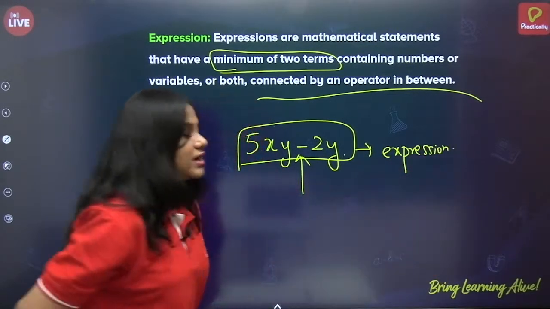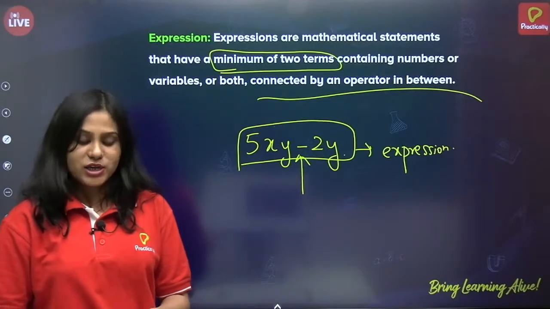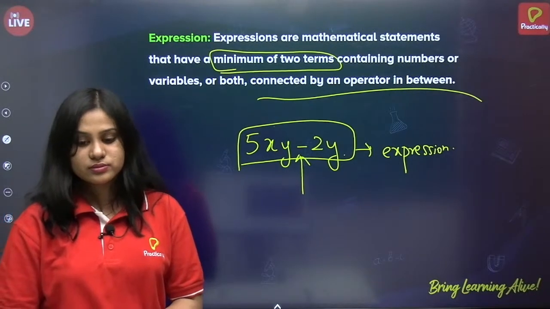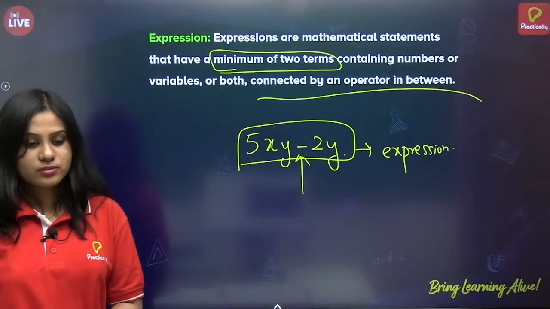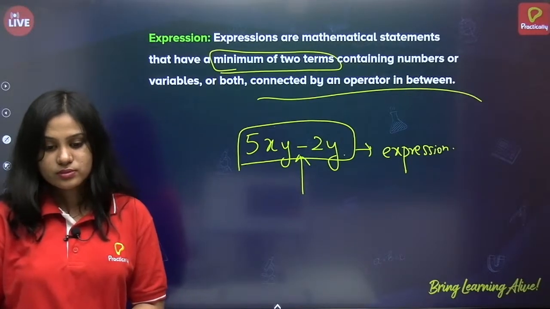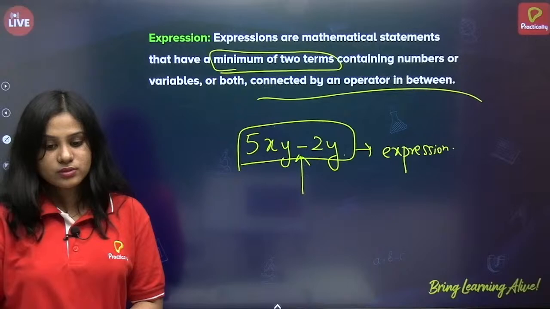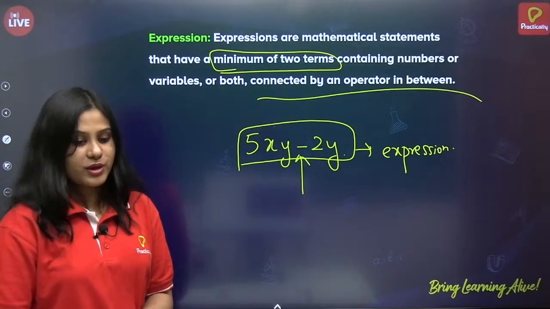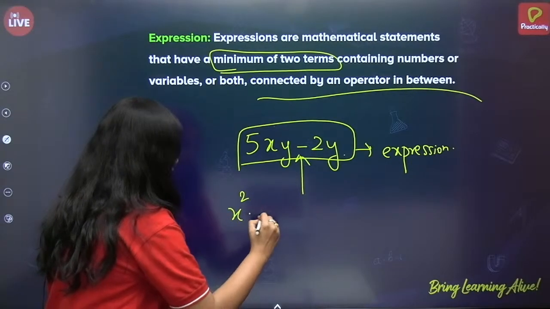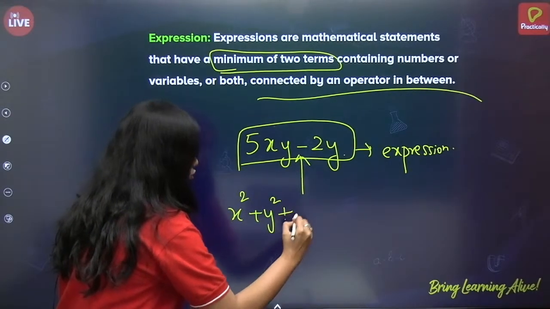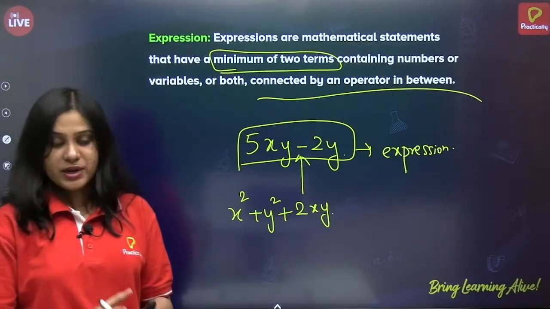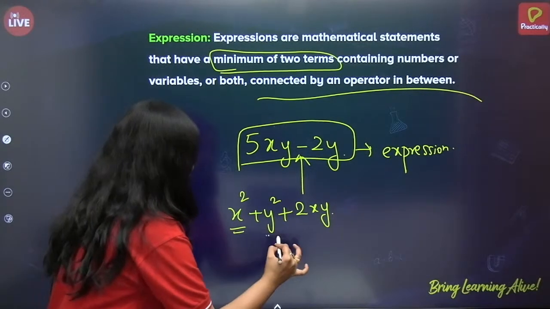So can anyone tell me an example of an expression? Please do type in the comments. Oh, okay. Alright, so let us see. If I take x square plus y square plus 2xy, this is also an expression because there are three terms, correct?